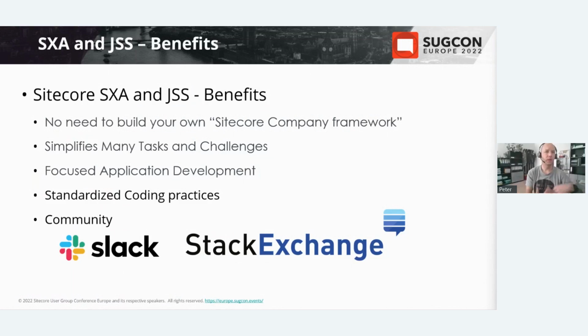They more or less collected the feedback from their customers and from the partners who implemented the previous solutions, and I think they chose the best from this feedback, and that's why SXA is a really cool enhancement of the Sitecore platform itself for building MVC applications, and JSS is really helping front-end developers to do the front-end work right at the end.